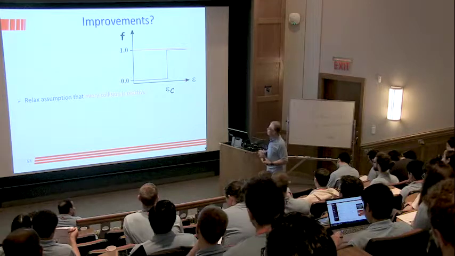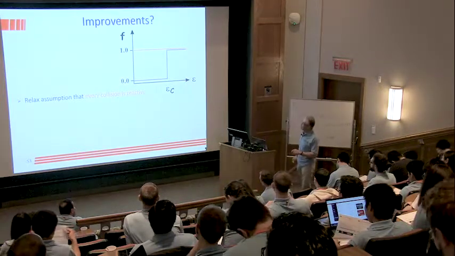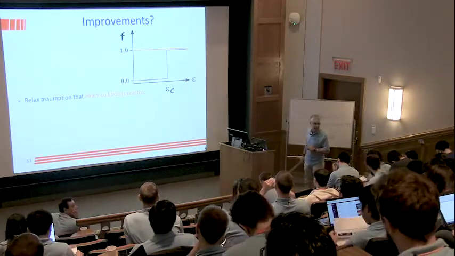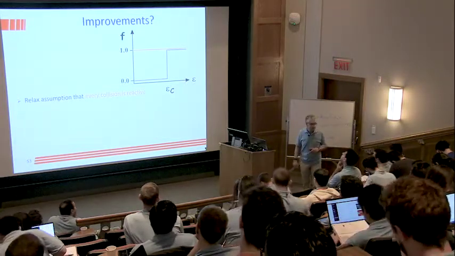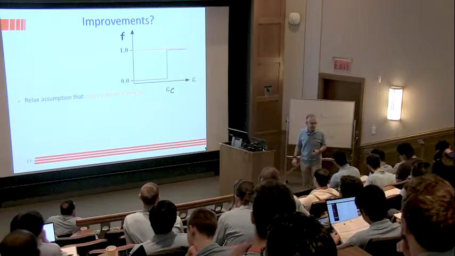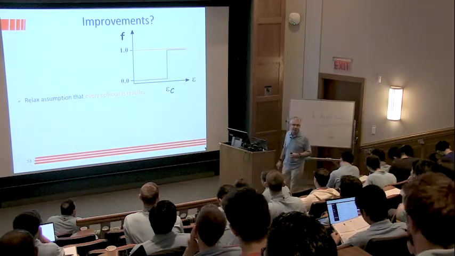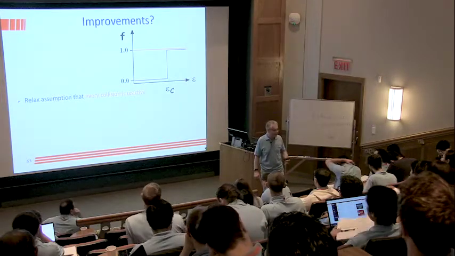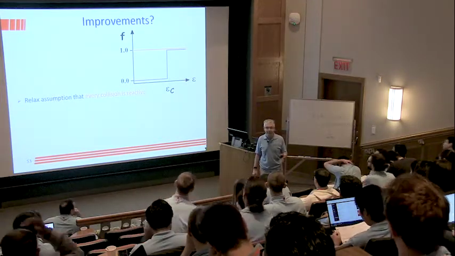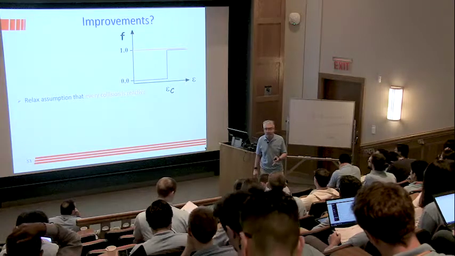So we can improve it by saying we have this critical energy, below which the reaction doesn't happen, and above which it does. Again, it's an all or nothing sort of thing.